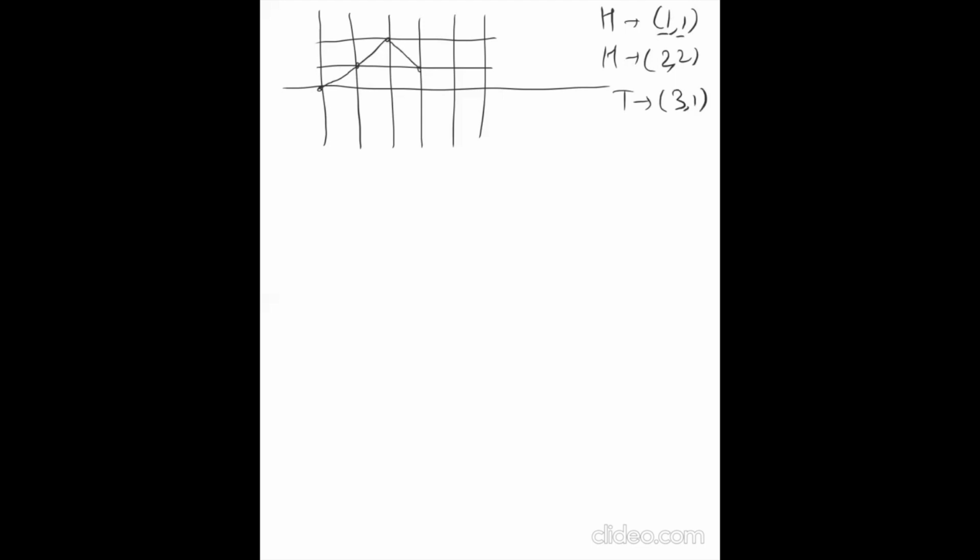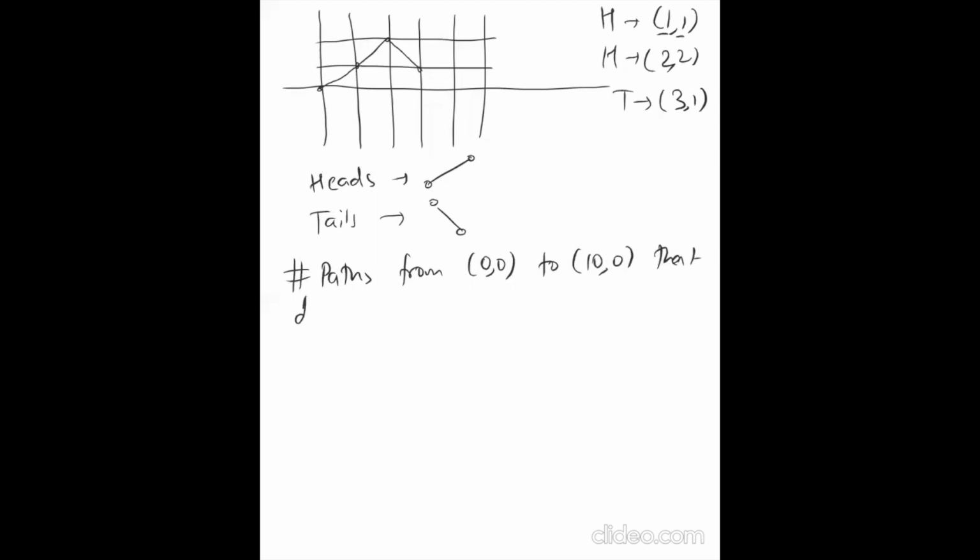Okay, so the basic point I'm trying to make here is heads means a step of this form, and tails means a step of this form. Okay, and now as paths, we want to find the number of paths from 0 comma 0 to 10 comma 0 that do not touch the x-axis.